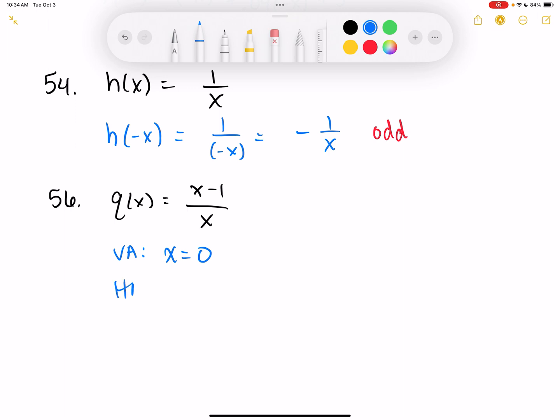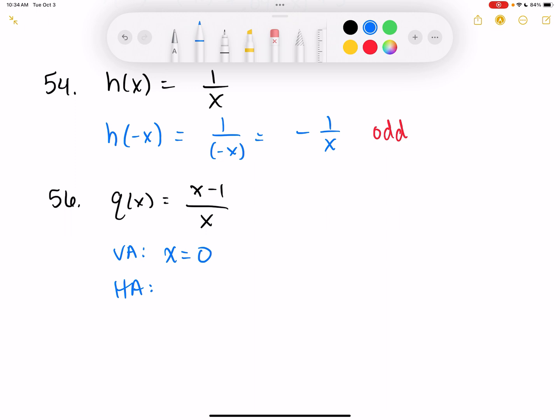So horizontal asymptotes. We have BOBO, bigger on the bottom, like x over x squared, and that would be y equals 0. We have BOTO, both the same, which is the situation we have here, x over x.